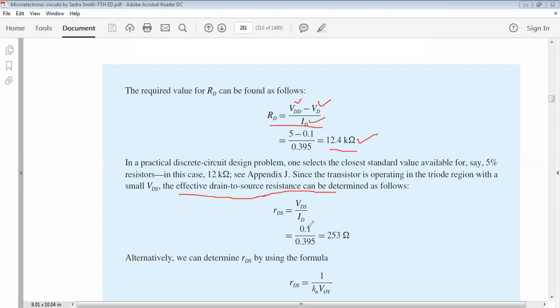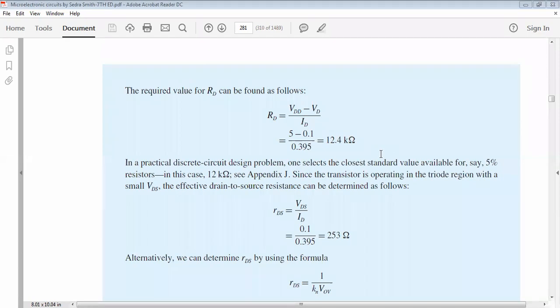VDS given is equal to 0.1, ID is equal to 0.395, so that is equal to 253 ohms. So the RD drain resistor value is 12.4 kilo ohms, and the effective resistance between drain and source is 253 ohms. Remember this one.